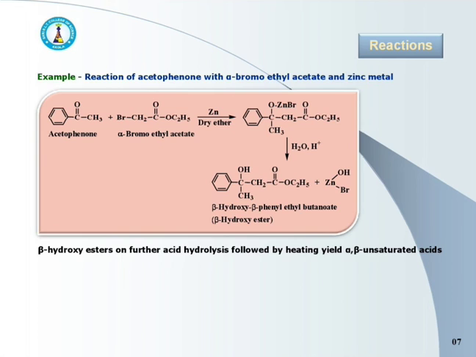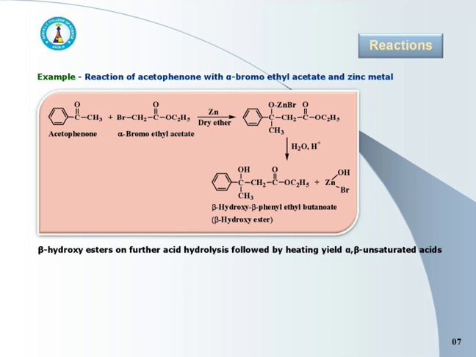Here the product is beta hydroxy beta phenyl ethyl butanoate. Here also the same reaction takes place just like the previous reactions. The product is a beta hydroxy ester.